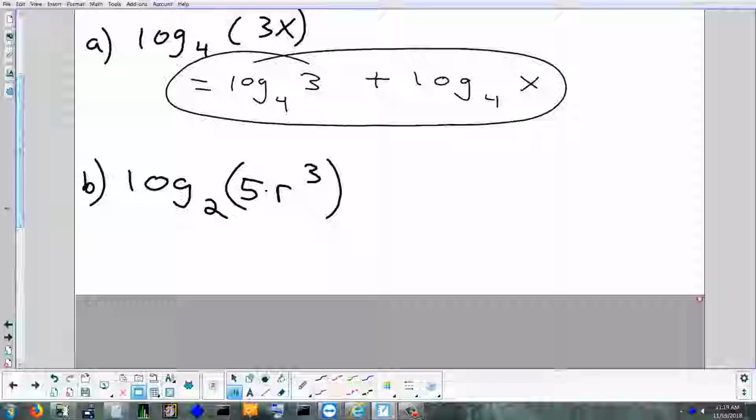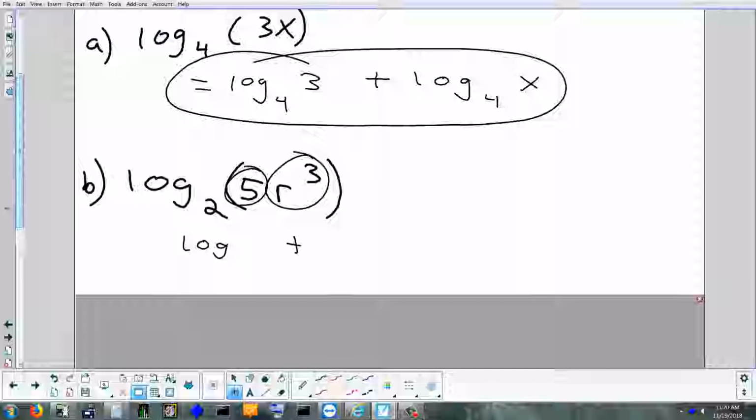We're looking for either this in parentheses or something else. Yep. Product or quotient. This one is still a product. There's no fraction here, so it's still going to be a sum. It's something times something. The second something is a little more complicated, but it's still something times something.